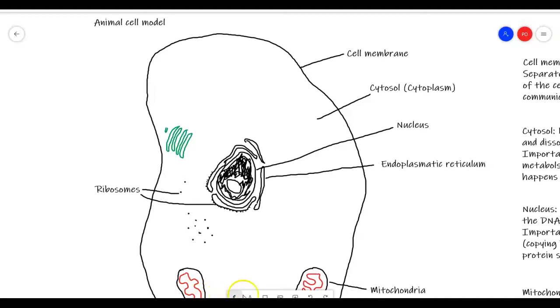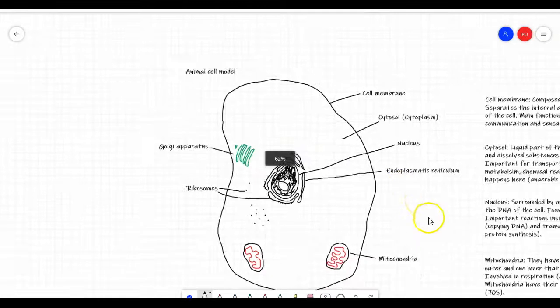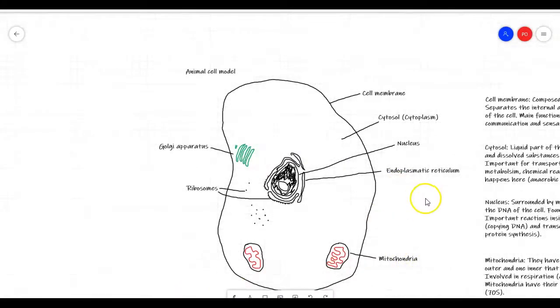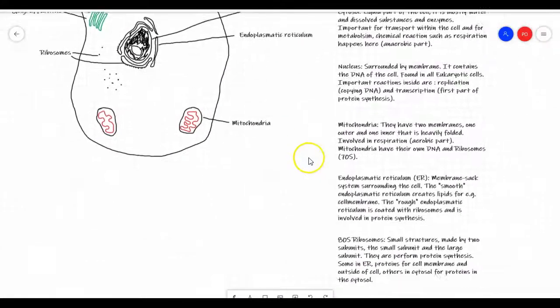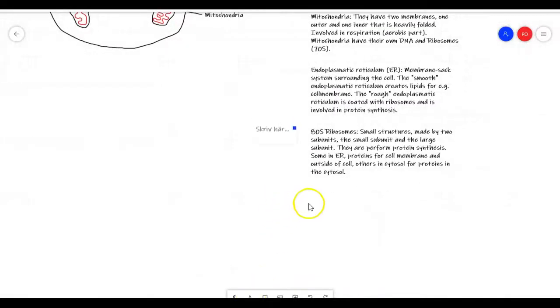This is called the Golgi apparatus, named after a famous cell biologist who is also known for making his own stain. You will be able to look at this afterwards for yourselves as well. I'll give you the link to this.